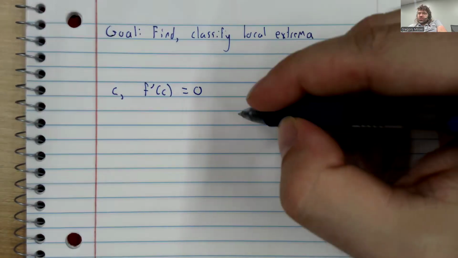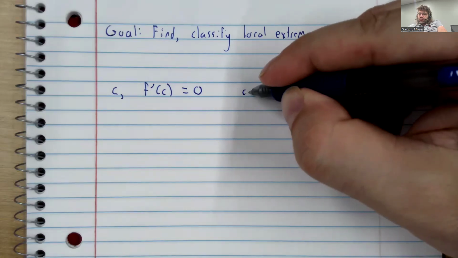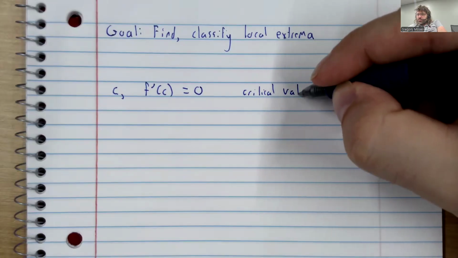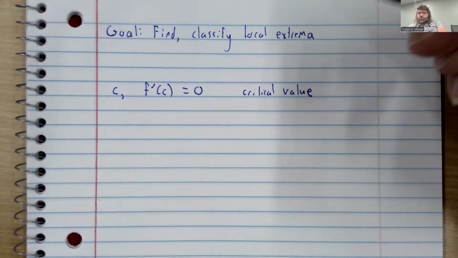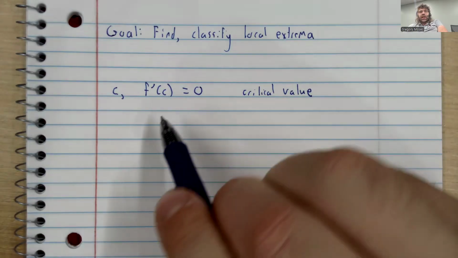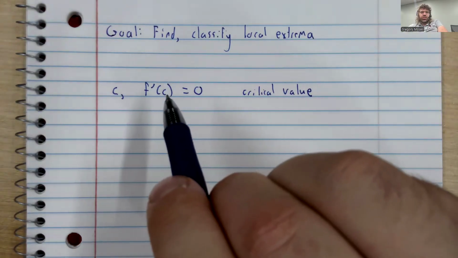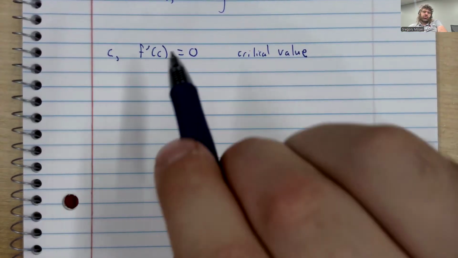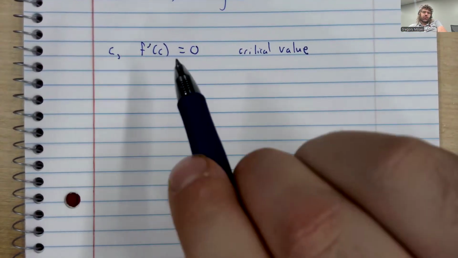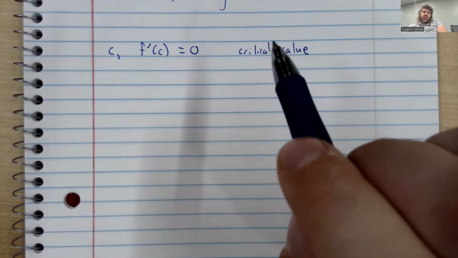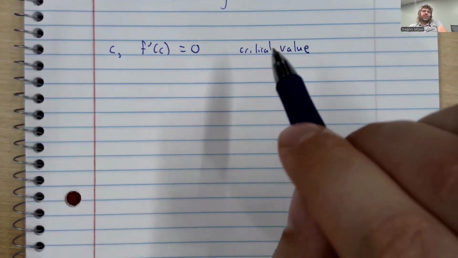So C is a critical value. You can also have critical values where the first derivative doesn't exist, but I'm intentionally only looking at critical values of this form, where the first derivative equals 0. So this might be a local extrema or it might not.